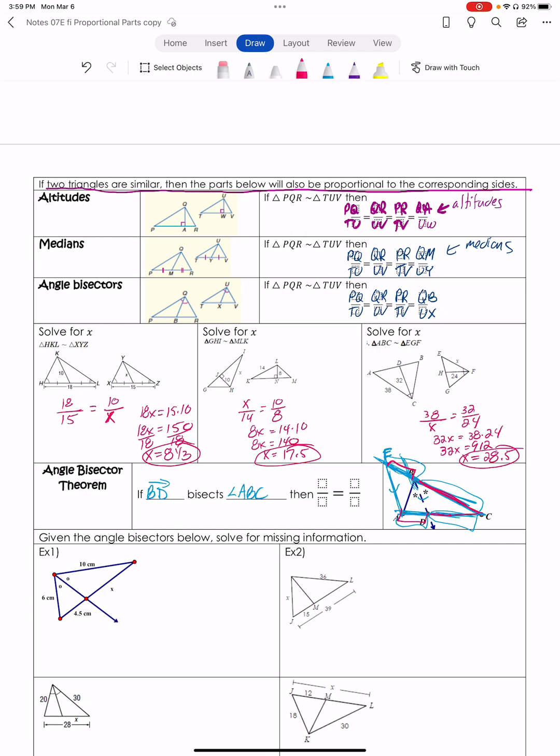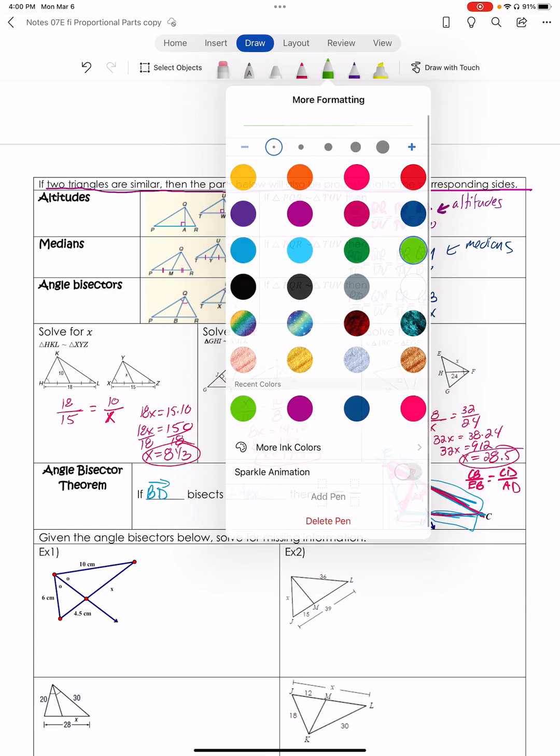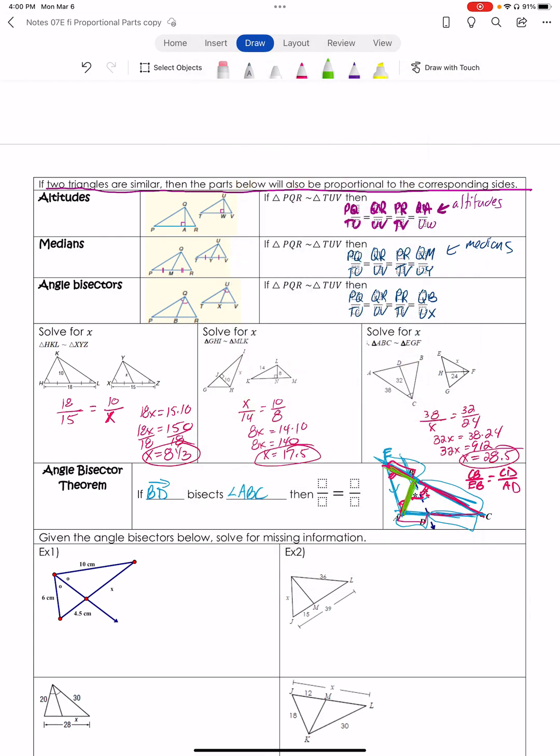So what's interesting is if these angles are congruent to each other, then this angle has to be congruent to this angle, and this angle has to be congruent to those angles. These are alternate interior, and these two are corresponding, which means that side EB is the same as that side there. So if I have CB over EB is equal to CD over AD, but we don't have EB, we do know that EB is congruent to AB.